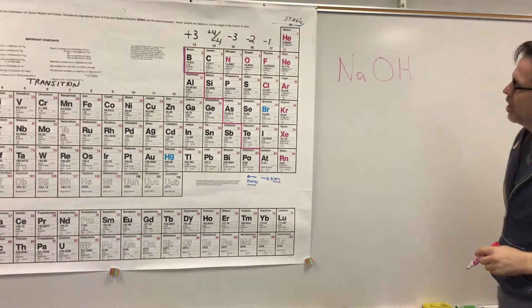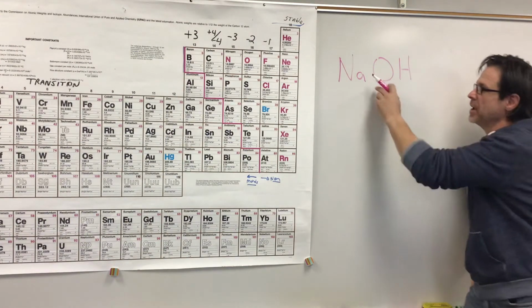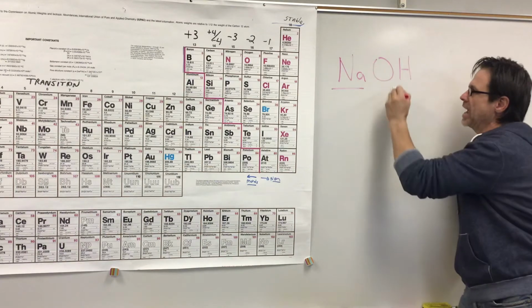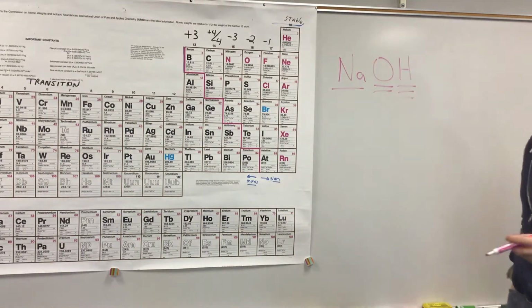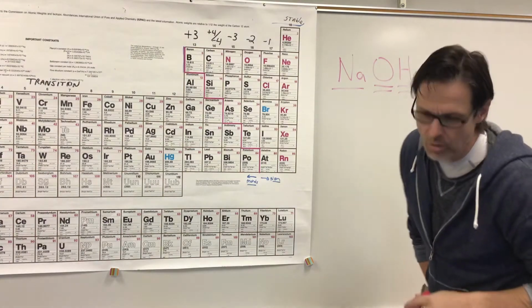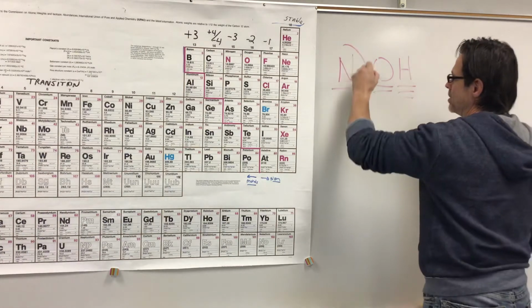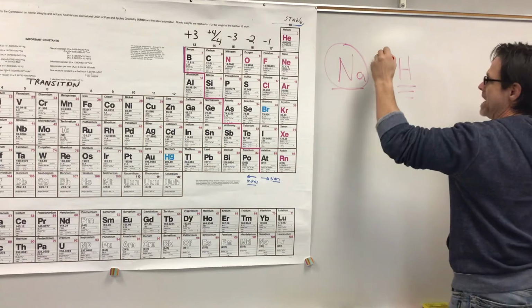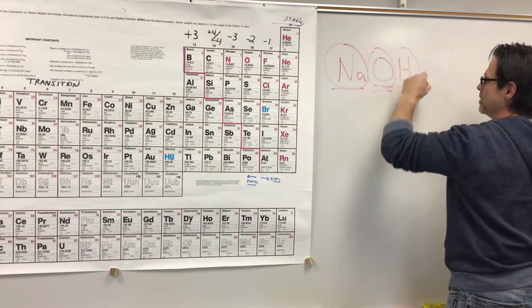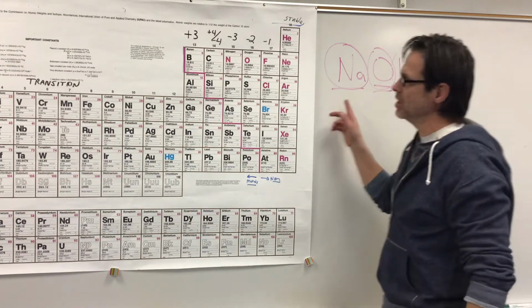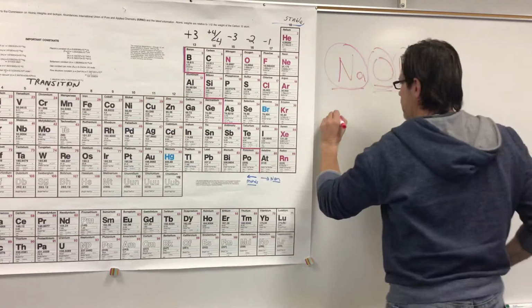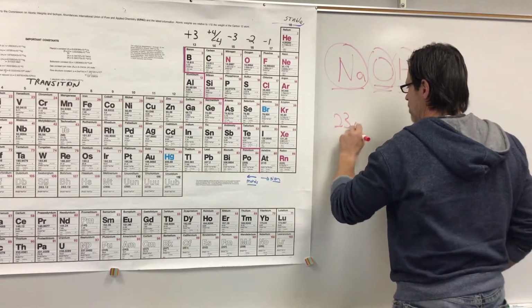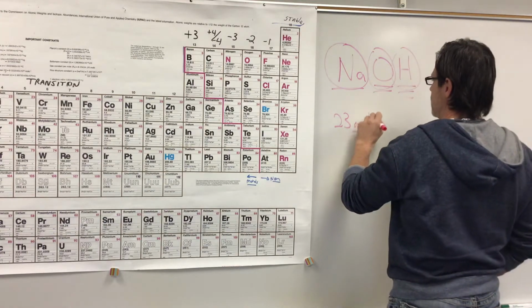Hopefully you recognize that I've got 3 elements: sodium, oxygen, and hydrogen. The question is asking what's the whole mass? That's easy. I just look at the weight of each of these elements on my periodic table. Na is 22.9, so that'd be 23 grams.